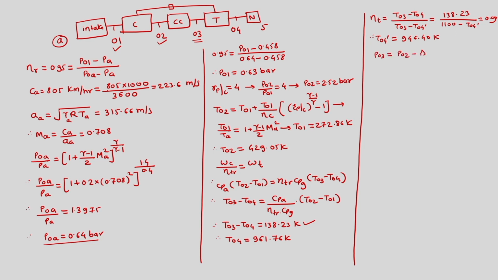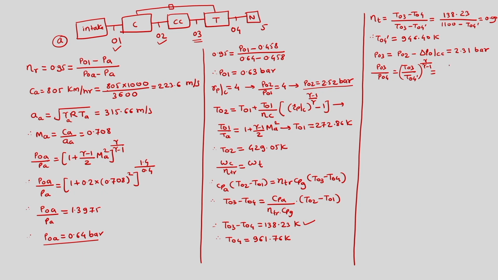Knowing this, we can proceed, but first let us find out P03. P03 is equal to P02 minus delta P0 of the combustion chamber, which is given as 0.21 bar, and P02 we have evaluated as 2.52 bar. So it comes to be 2.52 minus 0.21, which is 2.31 bar. Now we know P03 divided by P04 is equal to T03 divided by T04 dash, bracket raised to gamma gas upon gamma gas minus 1.